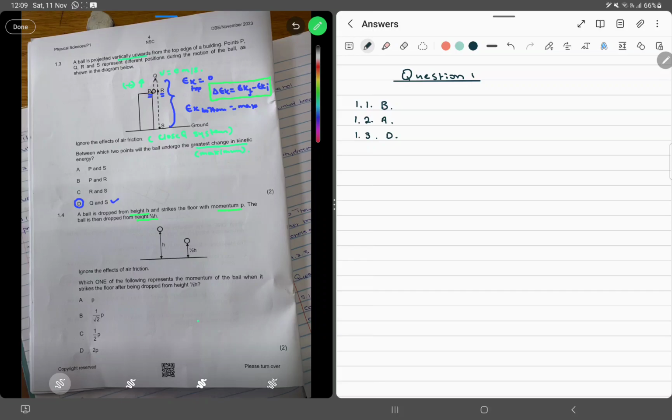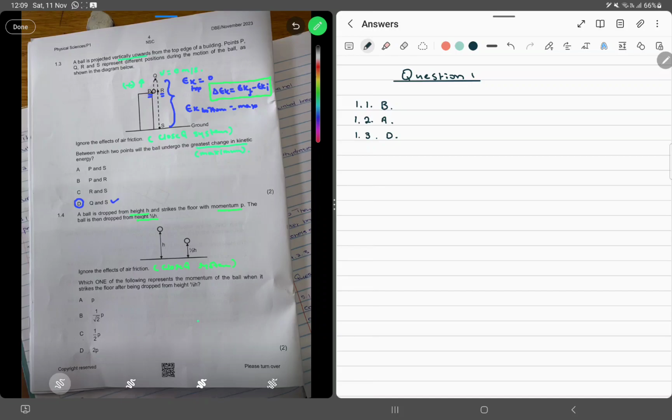Now it says ignore the effects of friction. Again, we are imagining a closed system where there's no external forces. The only force here is a conservative force, which is gravitational force.